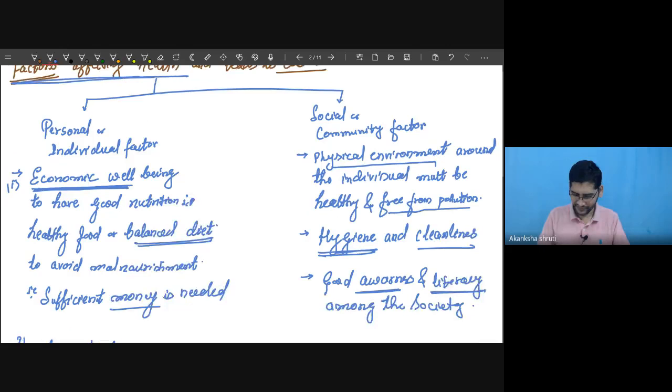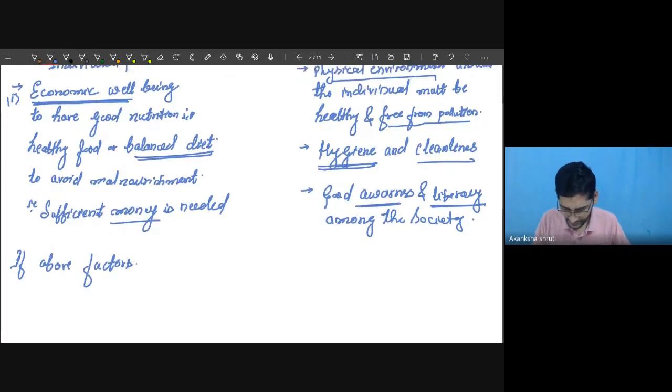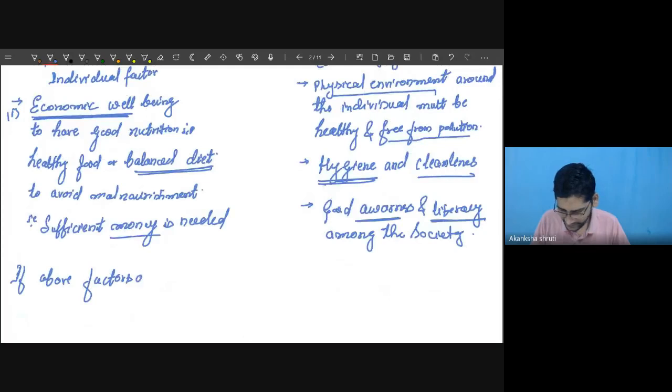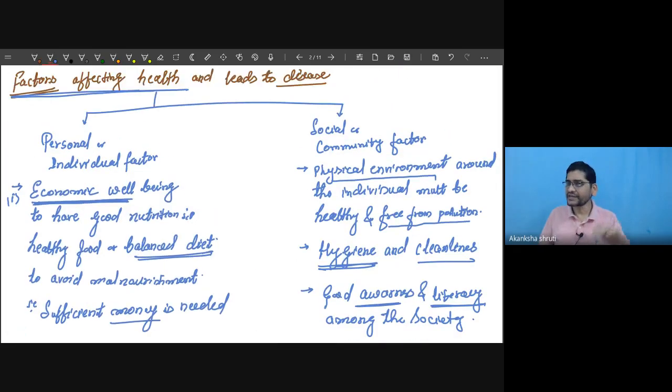So the above factors, or failure in the above factors, are needed for good health and to avoid disease. If the above factors are not maintained, then that leads to disease.